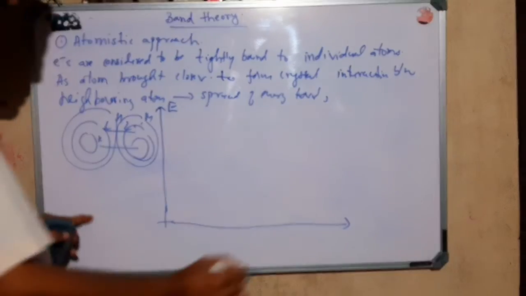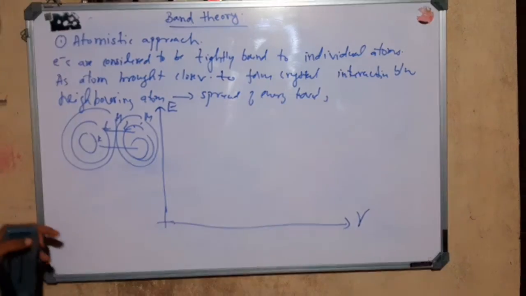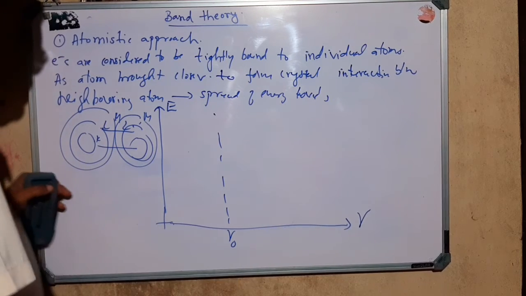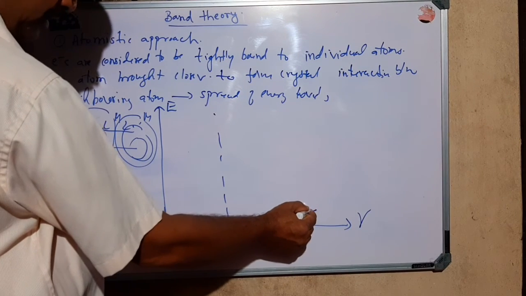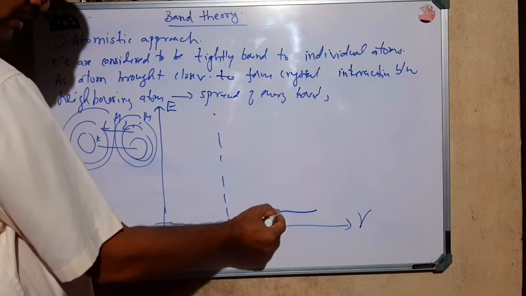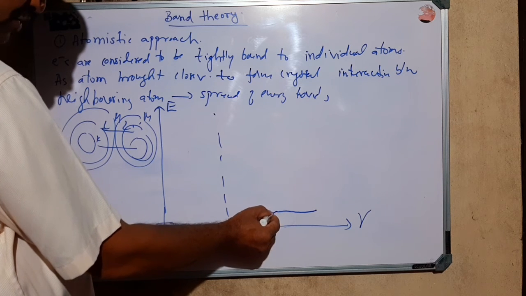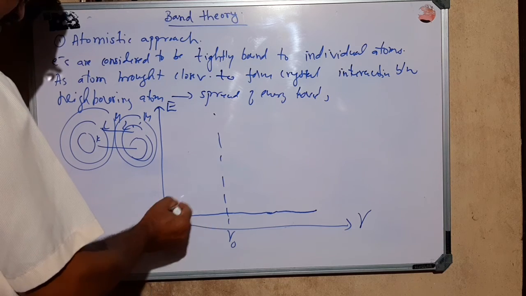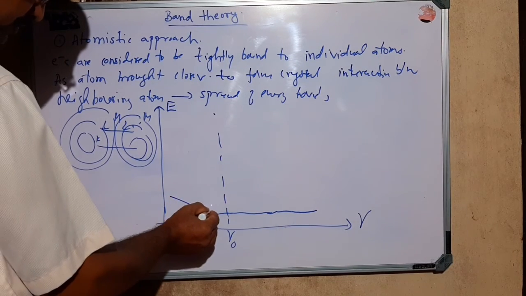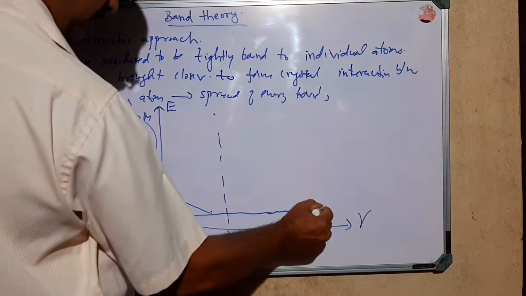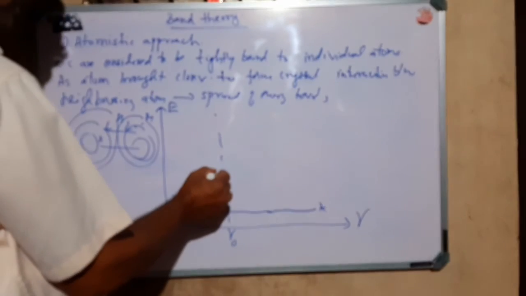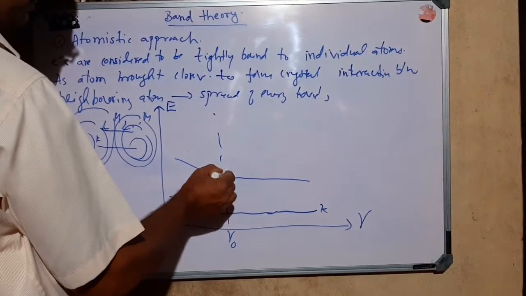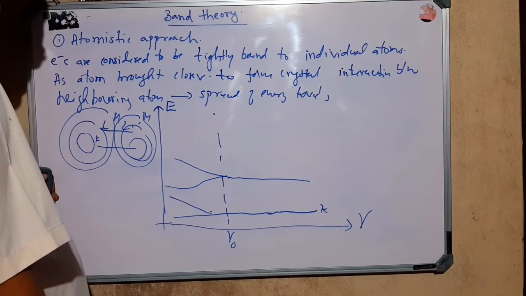Energy is along the y-axis, distance is along the x-axis. This is the reference point R0. When the atoms are farther away, all electrons have the same energy, but as you bring them close together, energy spread takes place. This is for the K shell. This is for the L shell, where energy spread takes place here.